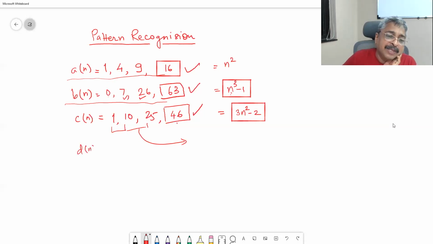D of n, if I define it like this, 2n cube minus 5n square plus 7. I will have to do some work. n is equal to 1, then it is how much? 4. First number is 4. n is equal to 2 gives me 16 minus 20 plus 7, so minus 4, 3.